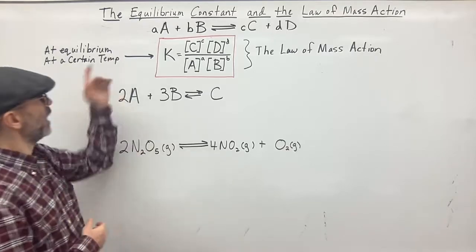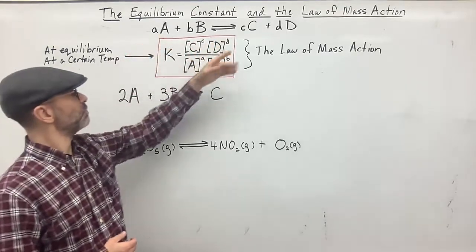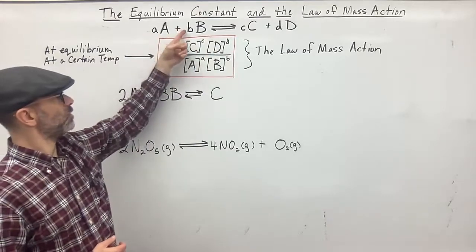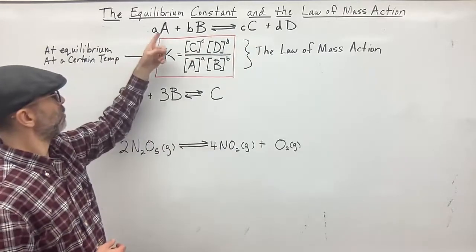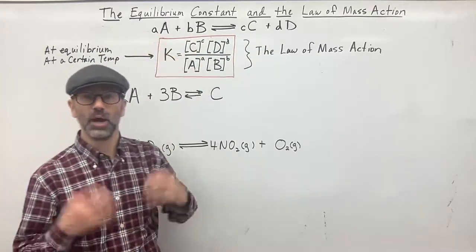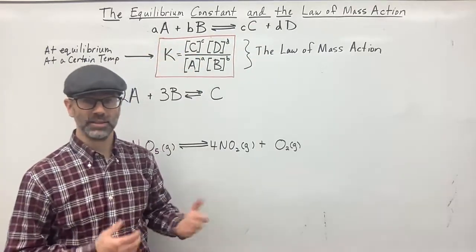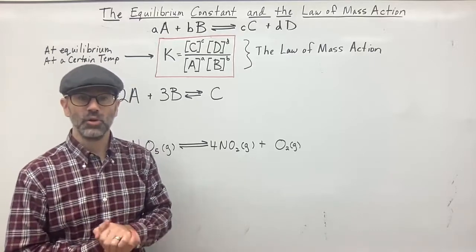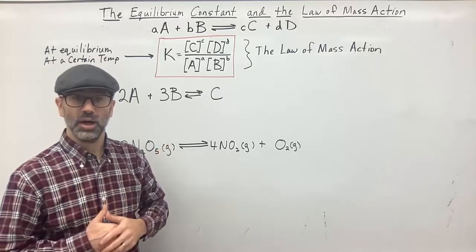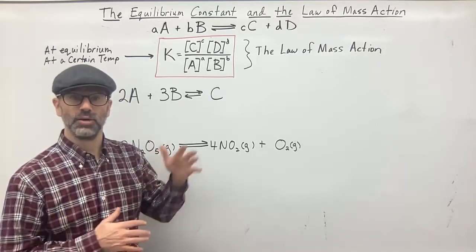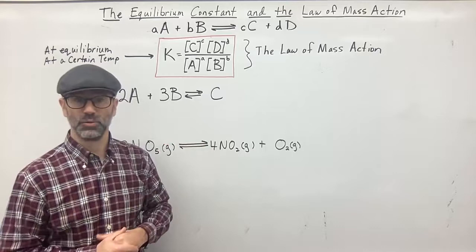So here we have a generic equation where the small letters, the lowercase letters, are your coefficients, and the uppercase letters are the substances that we're dealing with, our reactants and products. And so we can express the amounts of the reactants and products to each other as a ratio.